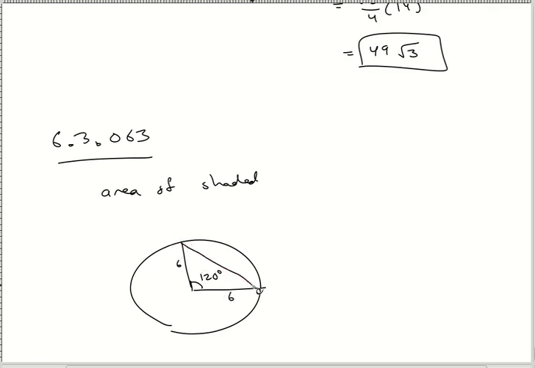They draw a line here, and they shade only this area right here. Find that shaded region. What we're going to have to do is find the area of the sector, and I'm going to say minus the area of the triangle.